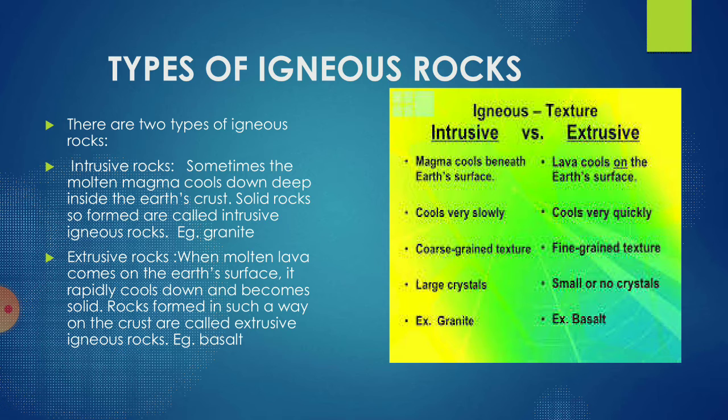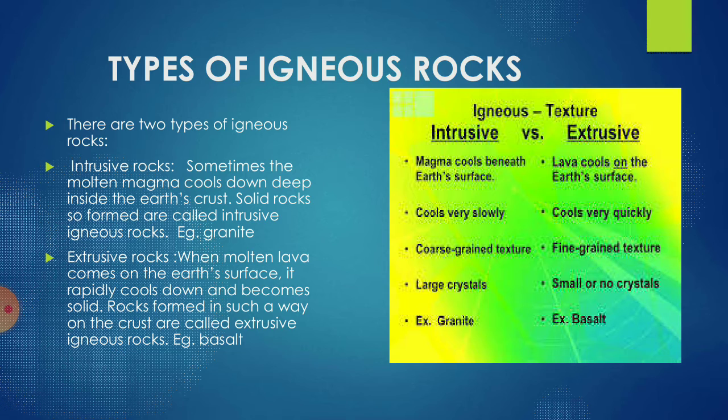Extrusive rocks. When molten lava comes on the earth's surface, it rapidly cools down and becomes solid. Rocks formed in such a way on the crust are called extrusive igneous rock. For example, basalt, right?